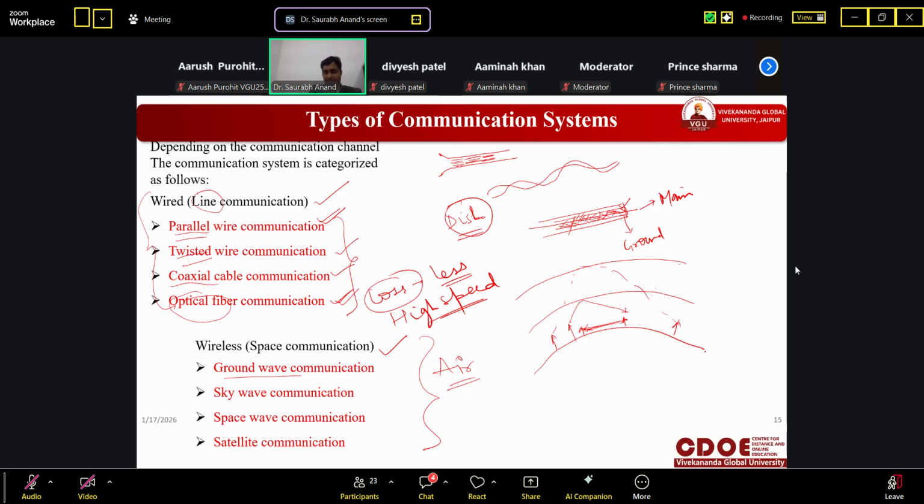Because earth is like this, if we want to transmit here, it is not possible. So what do we do? We use the satellite. The information will be sent to the satellite, and it will send it back to this receiver. So depending upon how far the receiver is, we decide the type of communication.